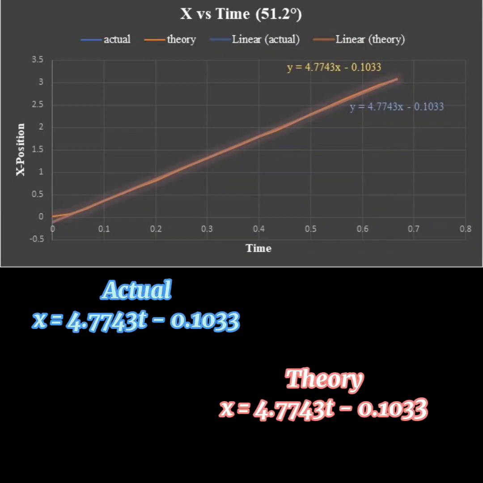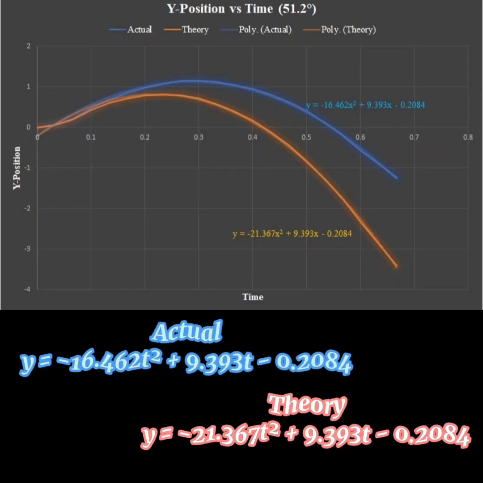Then, throwing the tennis ball at an angle of 51.2 degrees. The actual equation from the x versus time graph is x equals 4.7743t minus 0.1033, while the equation for the theory is x equals 4.7743t minus 0.1033.